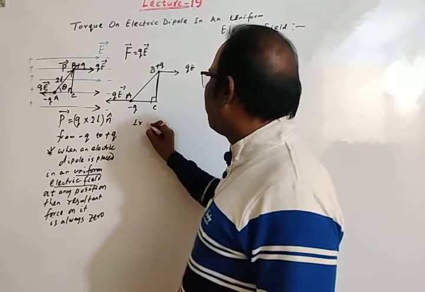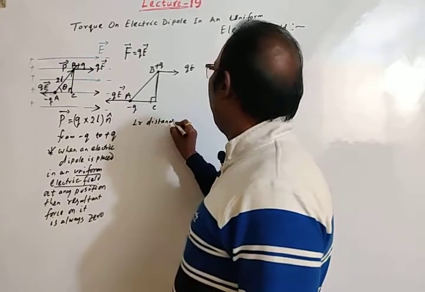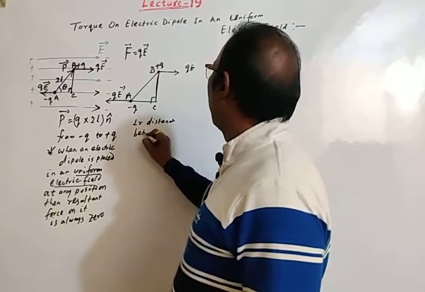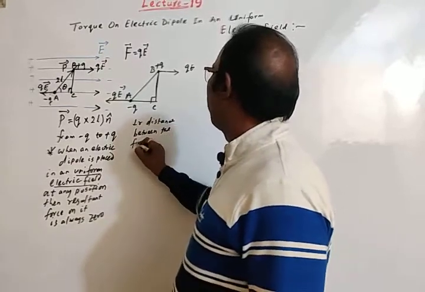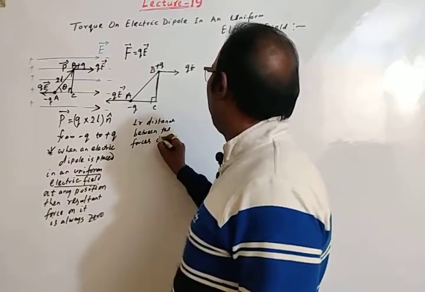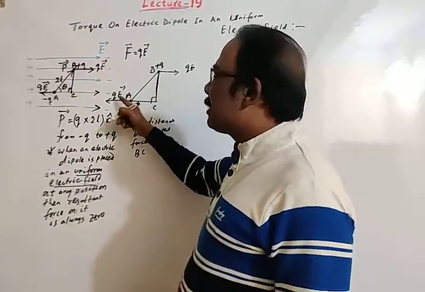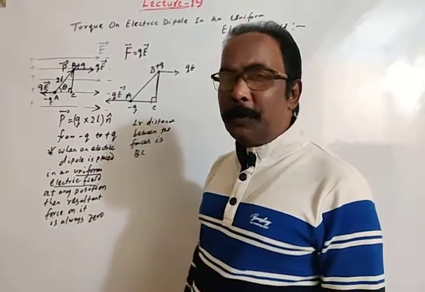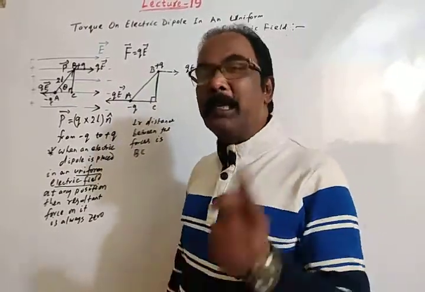The perpendicular distance between the forces is BC. These two forces are equal in magnitude and opposite in direction, then the perpendicular distance between them is BC.